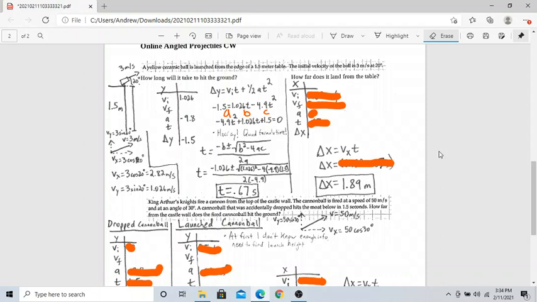Since time cannot be negative, that tells me, oh, I need to pick the positive answer. All right? So I want you to take a moment to pause the video, and I want you to work through and try and show that the time it takes to hit the ground is 0.67 seconds. So if you're working through it and I'm going too fast, pause the video, work through the question at your own pace, and when you're ready, unpause it, and we'll talk through the next part.